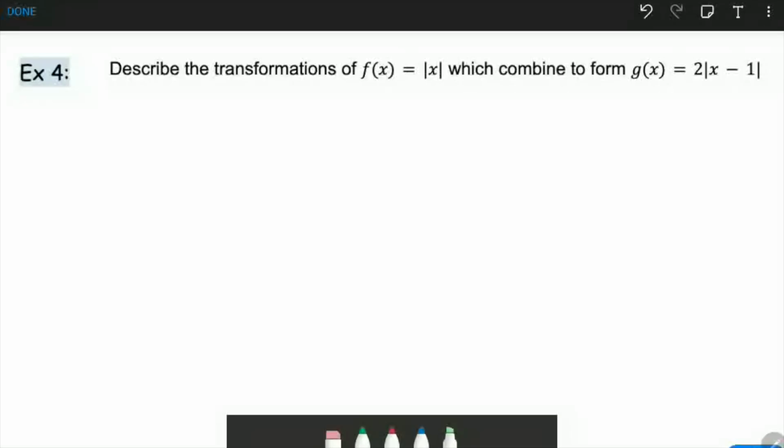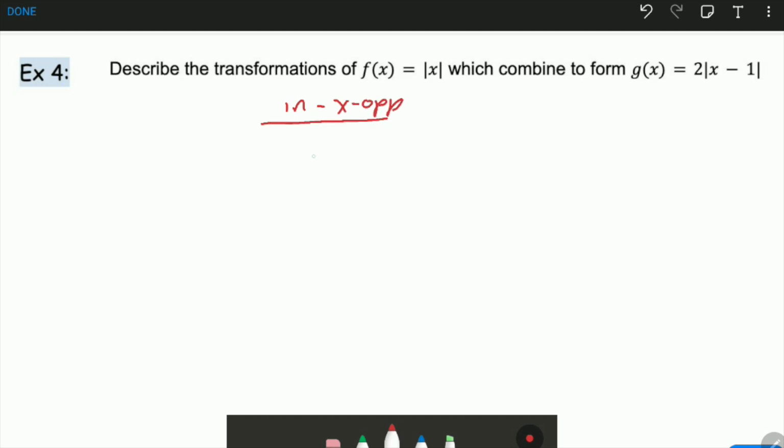In this video, we're describing the transformations of the function f of x equal to the absolute value of x, which combine to form g of x, which is 2 times the absolute value of x minus 1. So just going through writing out my rule first. Inside affects x and opposite.